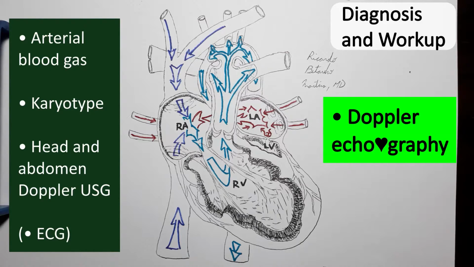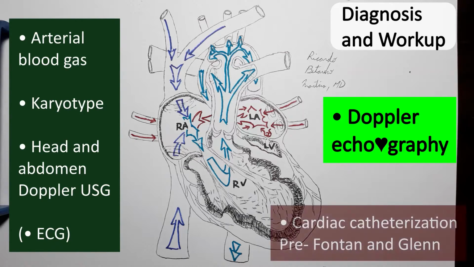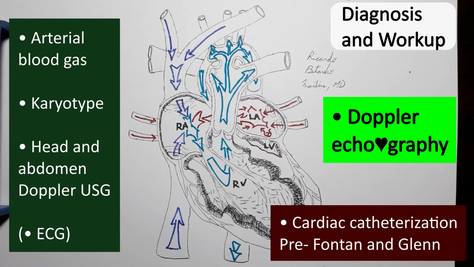If performed, an electrocardiography will also display findings characteristic of the absence of a left ventricle, such as right axis deviation and right atrial and right ventricular hypertrophy. Cardiac catheterization is no longer usually done as a diagnostic tool, since the Doppler echocardiography is usually more than enough to close the diagnosis.